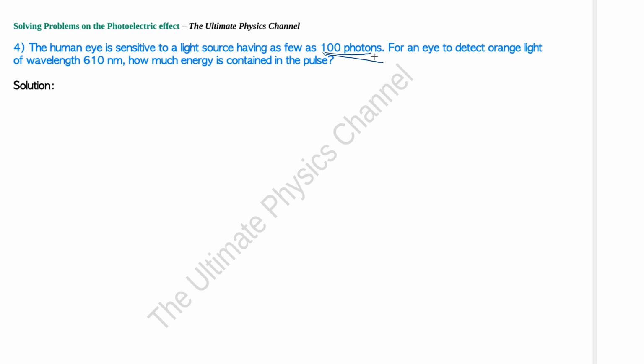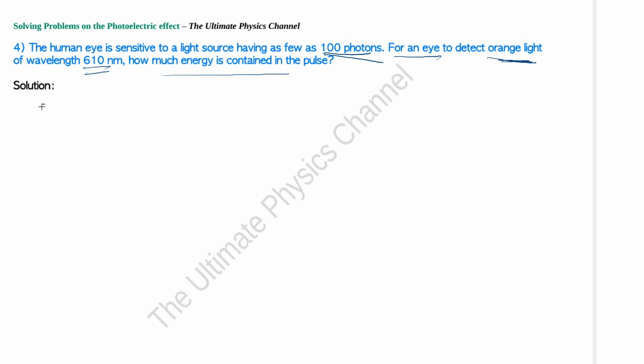Even if there are 100 photons in a light source, our eye is able to detect it. And the orange light, let's say in this case, is incident on an eye. The wavelength is given as 610 nanometers. So how much energy is contained in such a pulse?